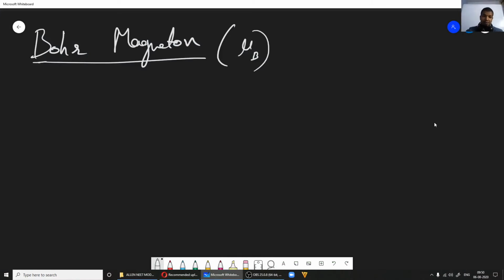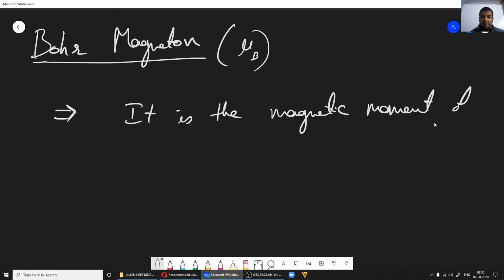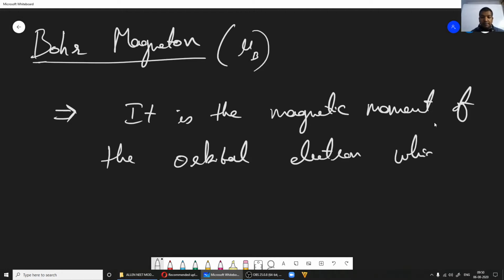Next, let us see this concept called Bohr magneton. Bohr magneton we had studied in chapter number 4. It is denoted by the symbol mu b. It is defined as the magnetic moment of the orbital electron which revolves in the first orbit.